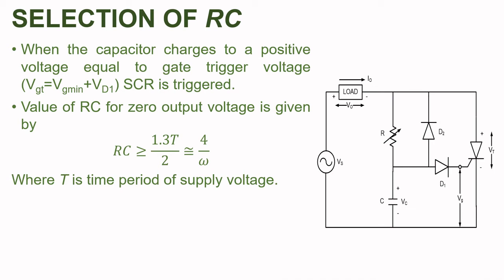The value of RC circuit or the RC time constant for attaining the zero output voltage is given by RC should be greater than or equal to 1.3 times the time period of the supply voltage divided by 2, which is also equivalent to 4 divided by omega, where omega is the angular frequency of the supply voltage.